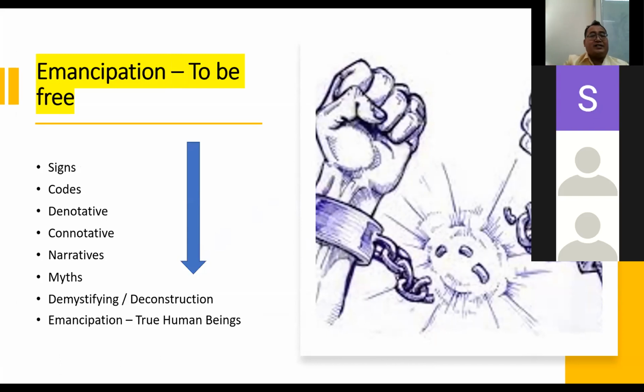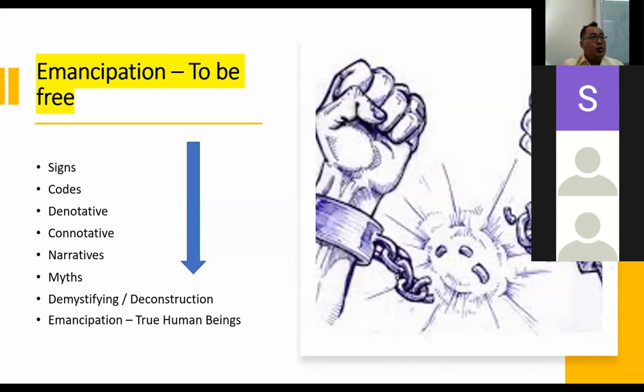And symbols usually have not only the direct meaning or denotative meaning, but the connotative meaning as well. And we tell the story. We call this narrative. A myth is a form of narrative.